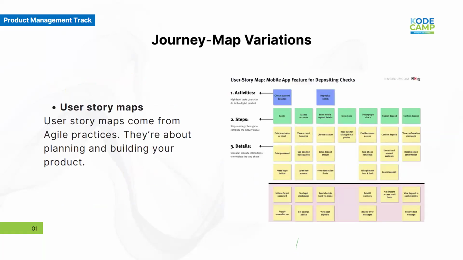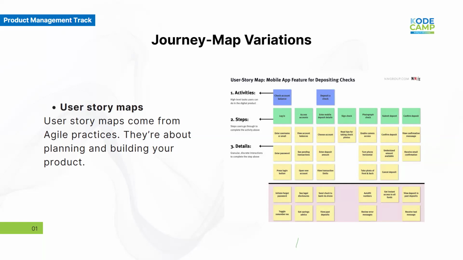Now let's move on to user story maps. I want you to listen closely here because people often get confused at this point. A user story map, especially when you look at it at first glance on the whiteboard or a Miro board, can look a lot like a journey map.